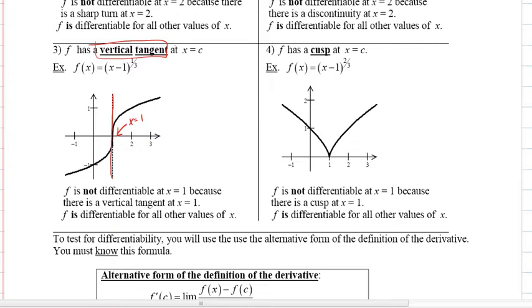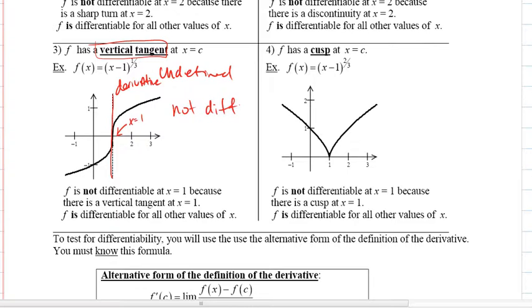It does not exist. How do you find the rise if the rise is continuous forever? There is no rise over run. So the derivative is undefined, therefore not differentiable.